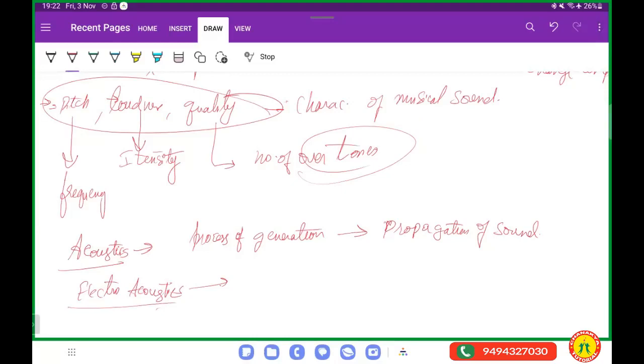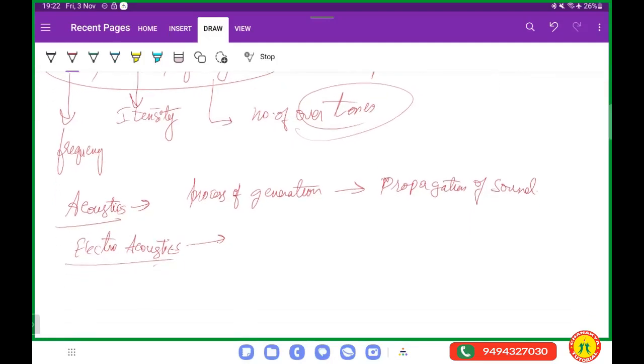So here for electro we can add electrical sound, electrically propagated. We can say that one has electrical modification and one doesn't. Yes, we can do all the modification in that.